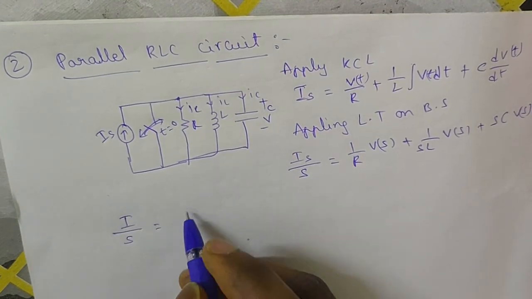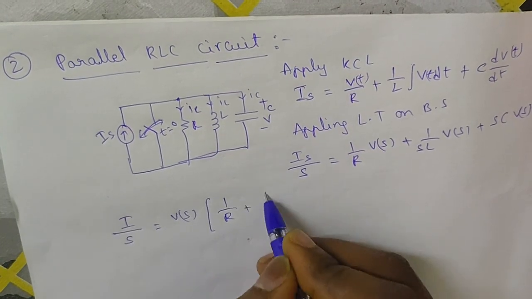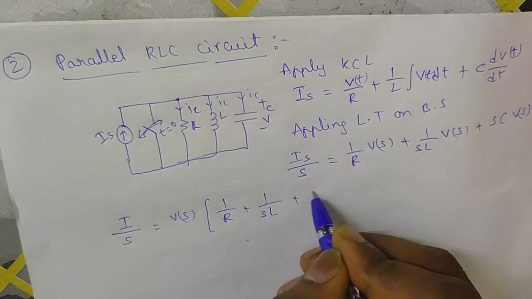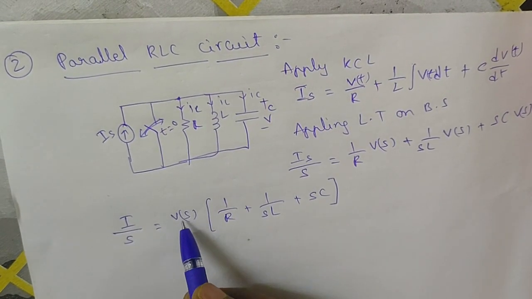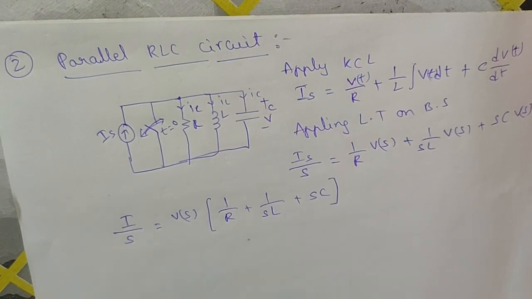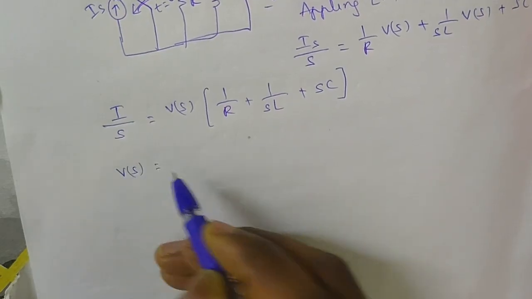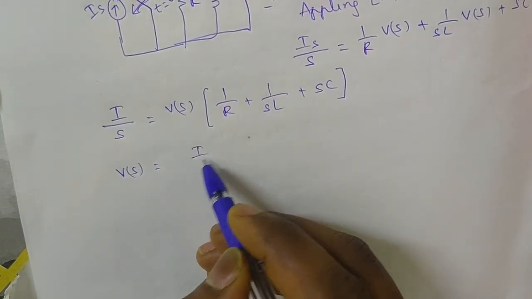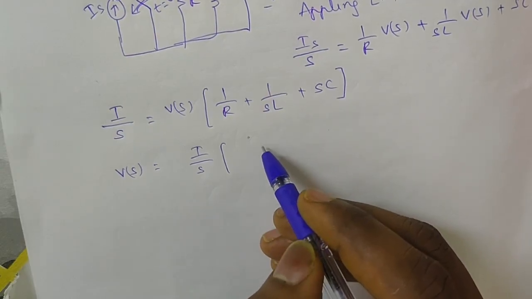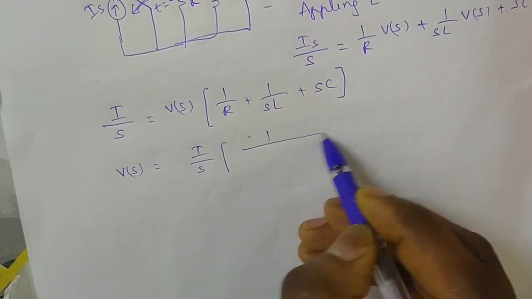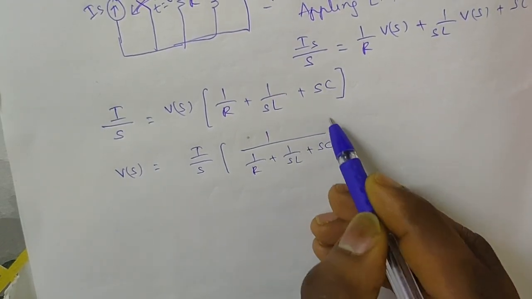I by S is equal to V of S common, 1 by R plus 1 by SL plus SC. So we need V of S to be calculated. V of S is equal to I by S into 1 by (1 by R plus 1 by SL plus SC).